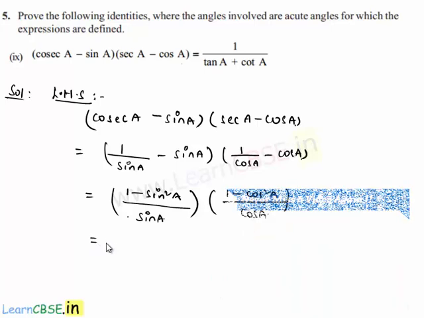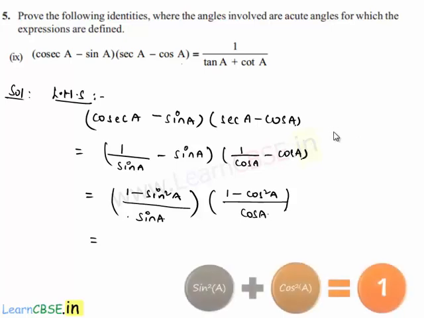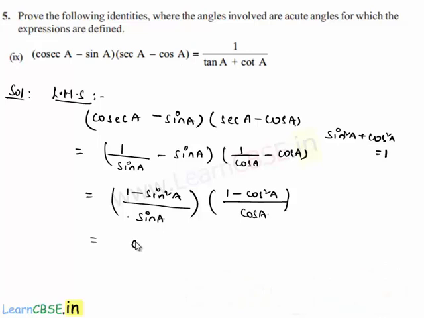So whole that will be equal to, we have an identity that sin square A plus cos square A is equal to 1, from which we can say that 1 minus sin square A is nothing but cos square A into 1 minus cos square A is nothing but sin square A whole divided by sin A into cos A.